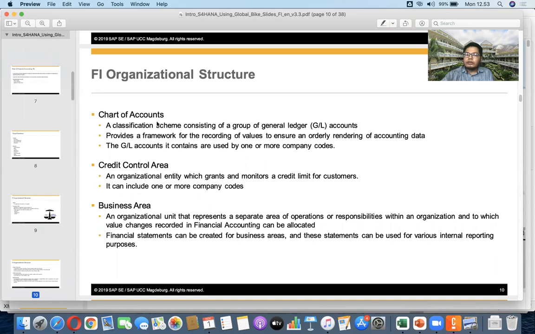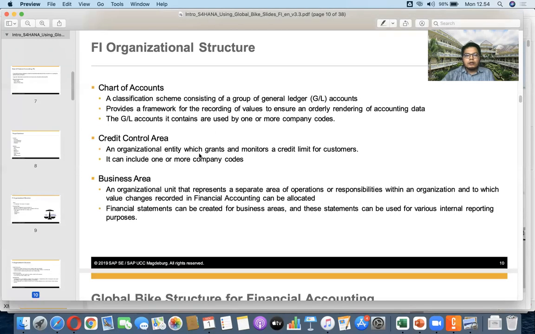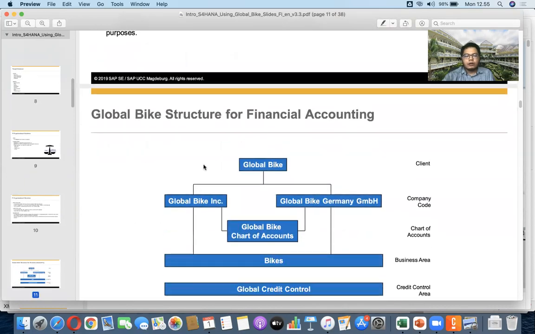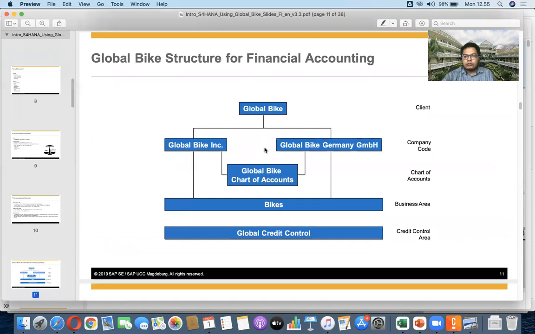Different transactions of similar types, like procurement, if they are similar, can be put into one account. There is also the credit control area. This is basically to control the credit of each customer, how much they can buy at a time. Business area is related to selling. And this is actually the structure of financial accounting.